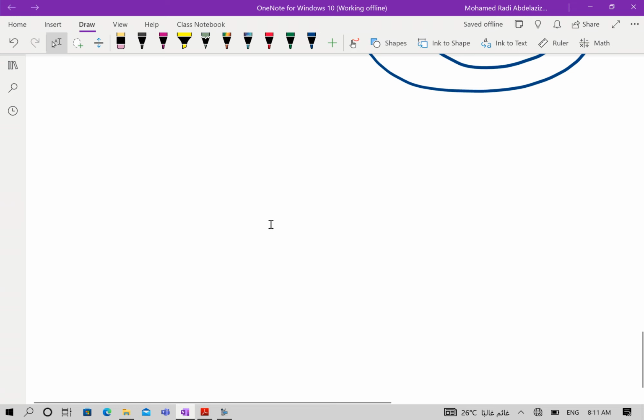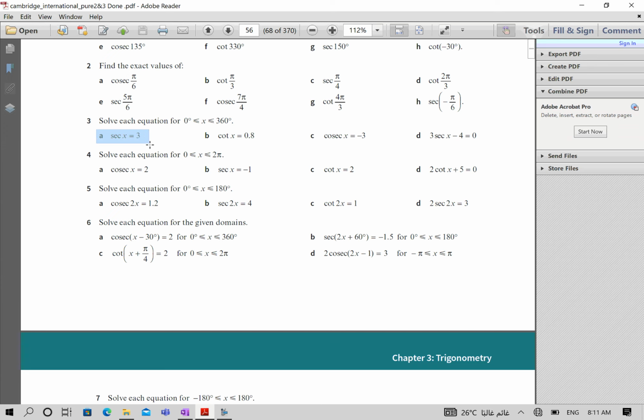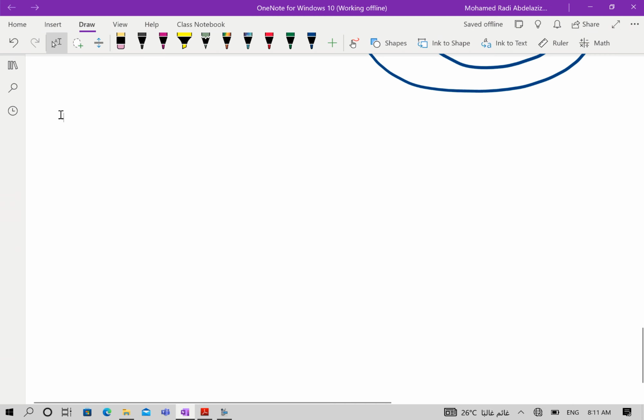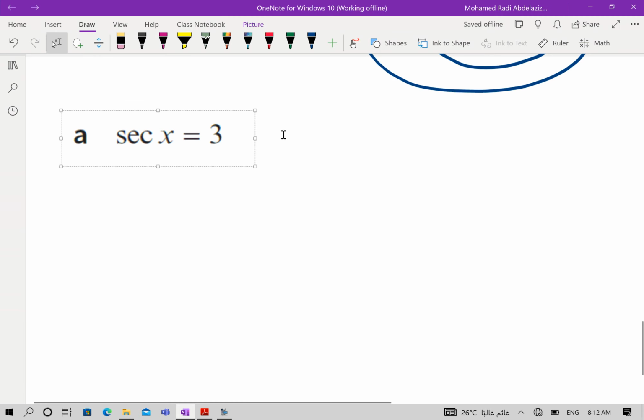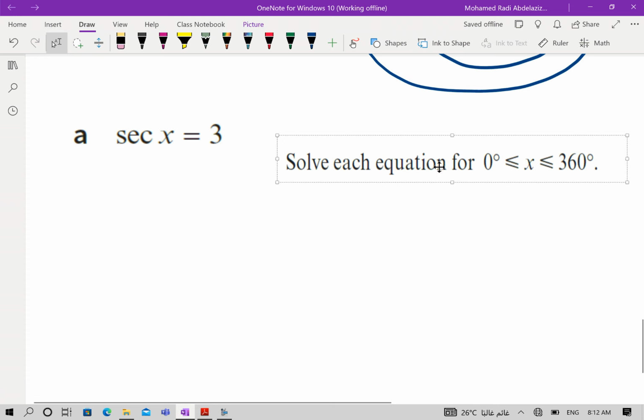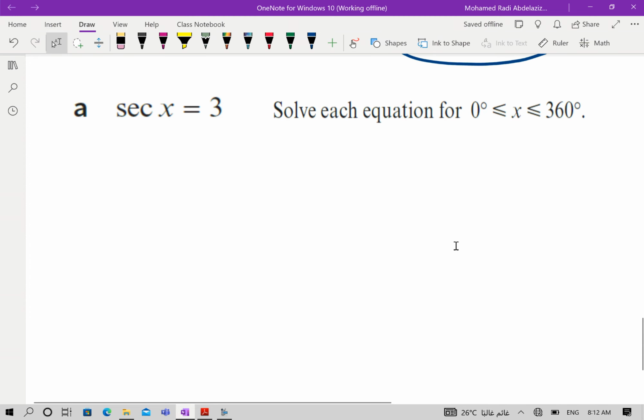If I give an equation that includes another trigonometric function like cotan or sec or cosec, I explained how to solve the equation if it is like sine. Look at this equation: sec x equals 3.